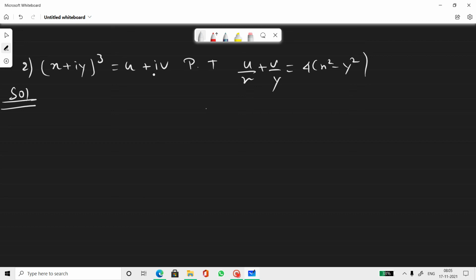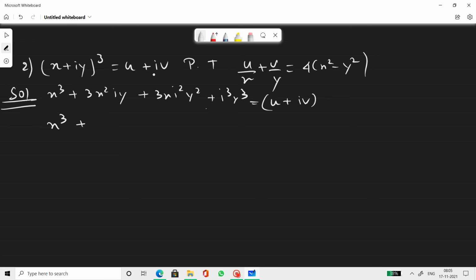Expanding (x + iy)³ will be x³ + 3x²(iy) + 3x(i²y²) + i³y³ = u + iv. Now x³ is a real term and will remain as it is. 3x²iy is an imaginary term, nothing to simplify, so I keep it as it is.